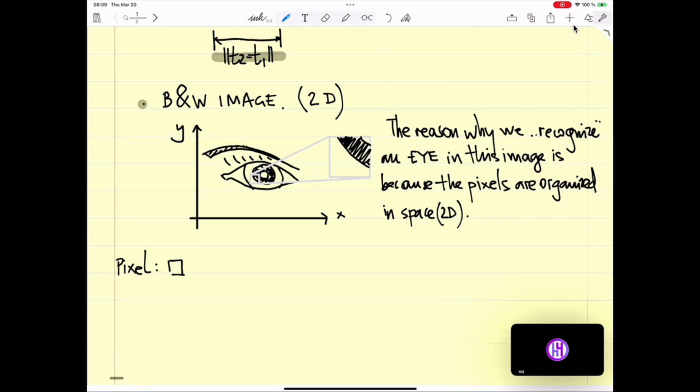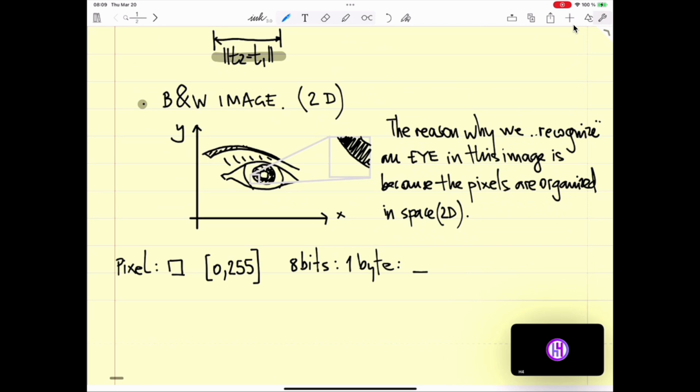So on each pixel, we can fill this pixel with 256 different values, okay? Why 256 different values? Because each pixel has 8 bits, which is 1 byte.